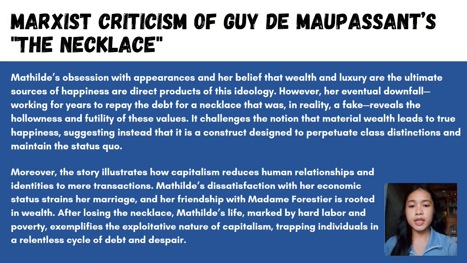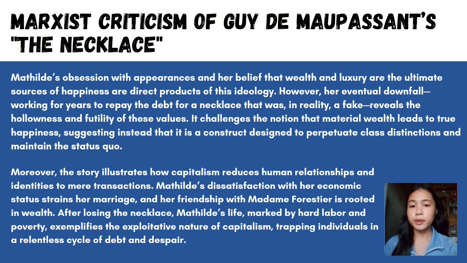Mathilde and her husband are dramatically altered by their attempt to maintain appearances. So the story illustrates how capitalism traps individuals in cycles of debt and exploitation, emphasizing the detrimental impact of economic forces on personal well-being and relationships.